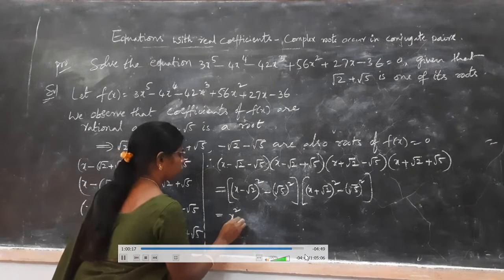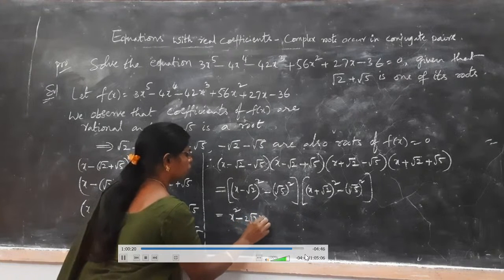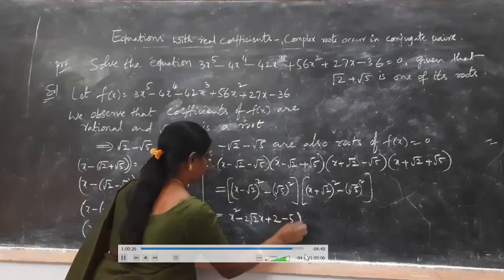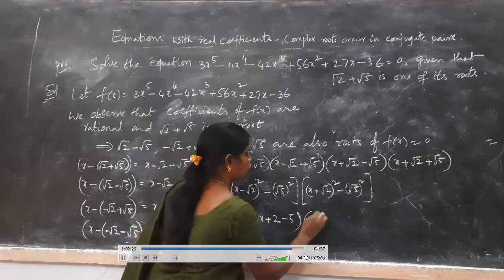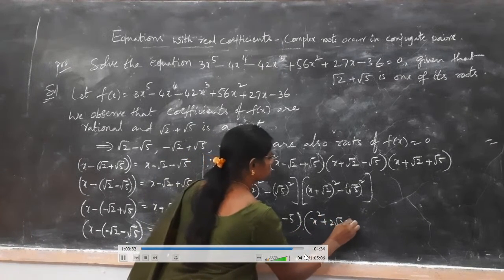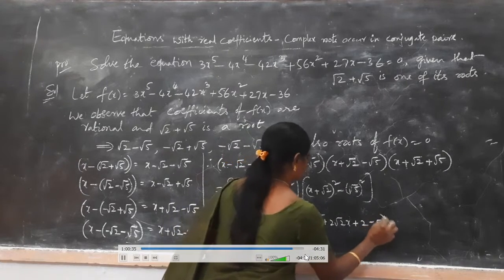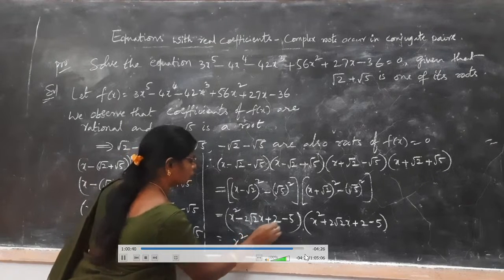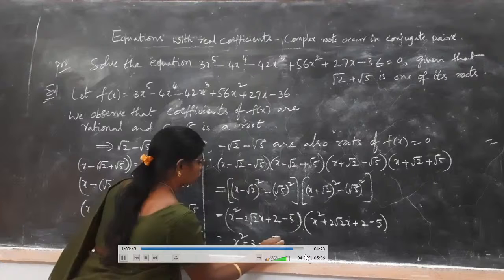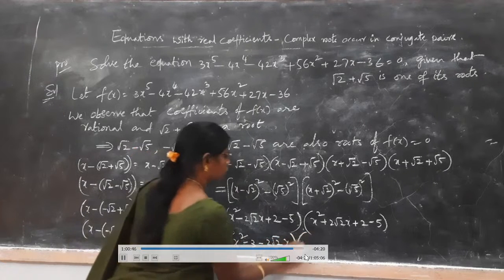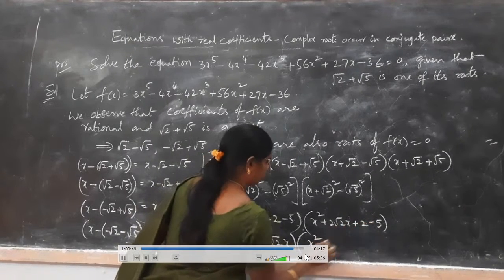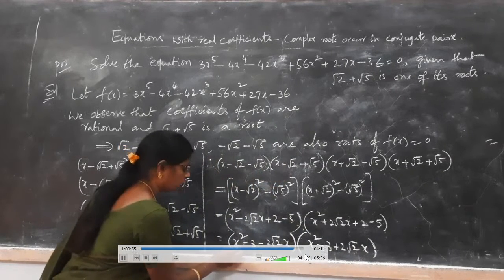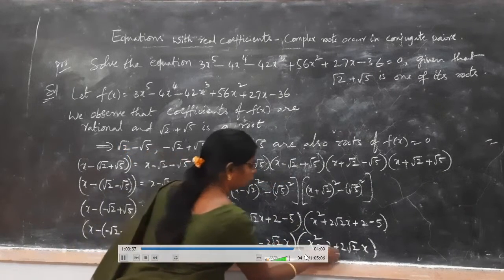This is equal to... so let me expand these again. x square minus 2 root 2 x plus 2, minus 5. And here, x square plus 2 root 2 x plus 2, minus 5. This is x square minus 3 minus 2 root 2 x, and this is x square minus 3 plus 2 root 2 x. Let us multiply these again, a minus b into a plus b.